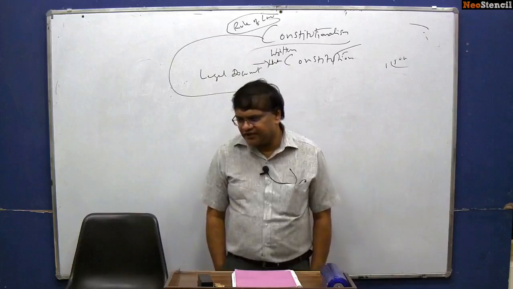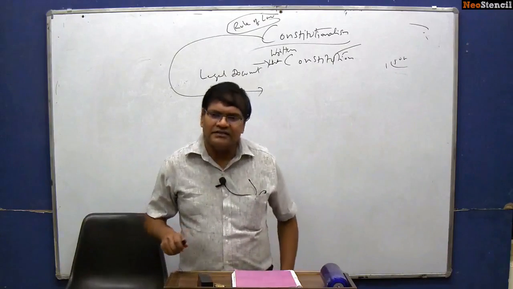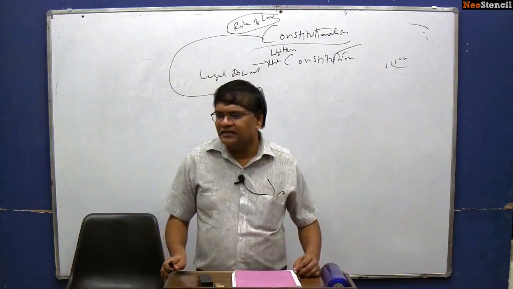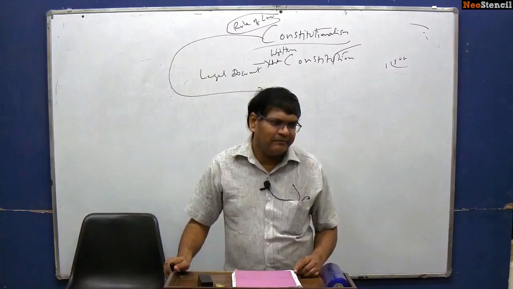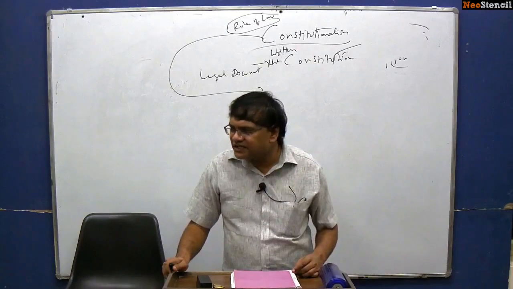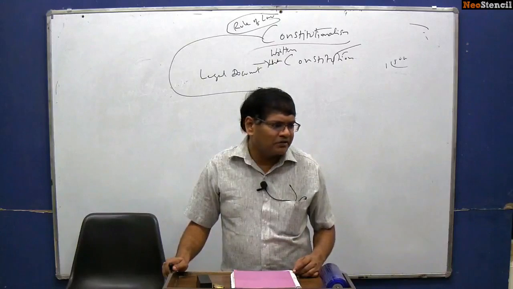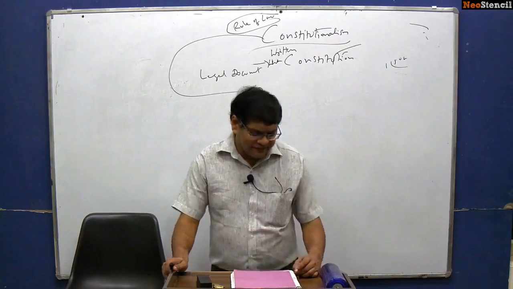So this is what we say: as you have written, constitutionalism basically focuses on the most important aspect, that is whether we have been able to realize the ideals mentioned in the Constitution in both letter as well as spirit. Why does this become important?